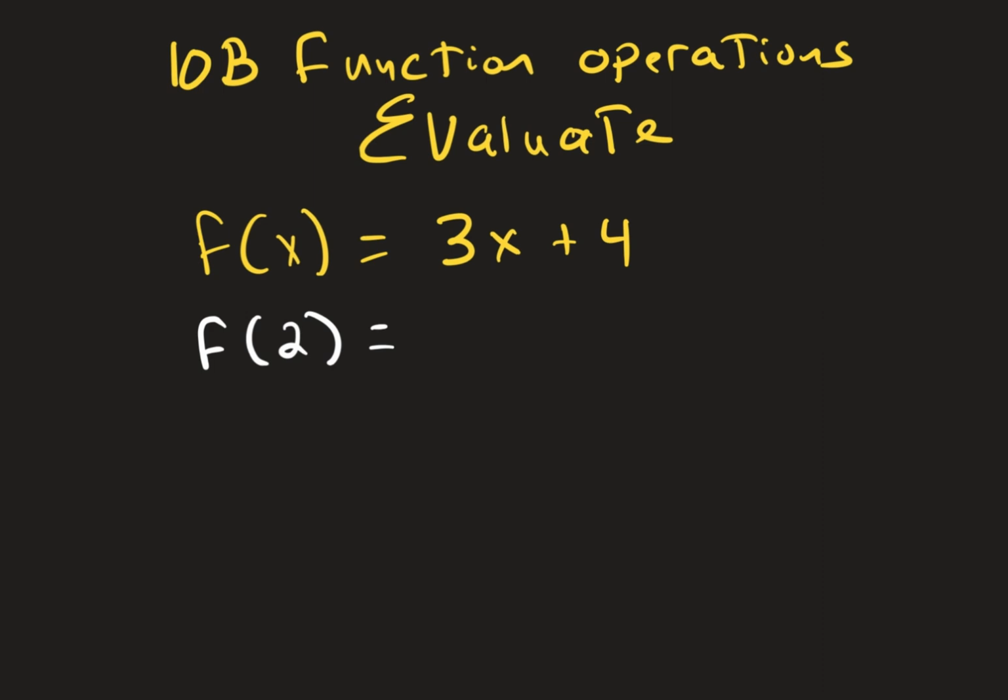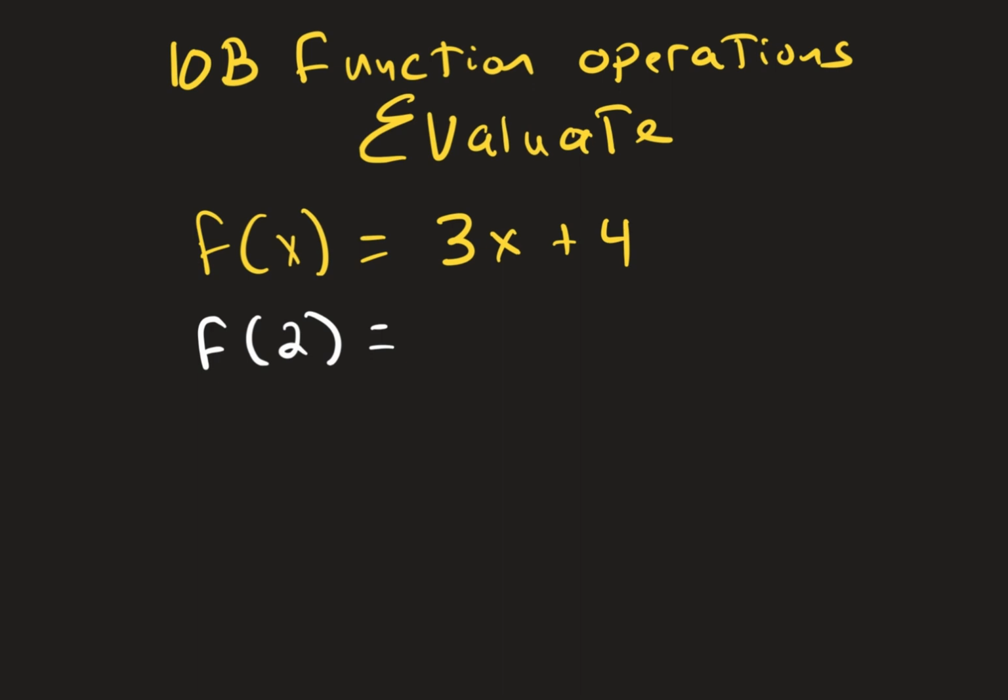So all I've really done here is I've taken my f of x and I've substituted a 2 for that x. So because I substituted a 2 in for the original x, with my original rule, 3x plus 4, anywhere I see an x, I'm going to replace it with a 2, or whatever is inside of here.